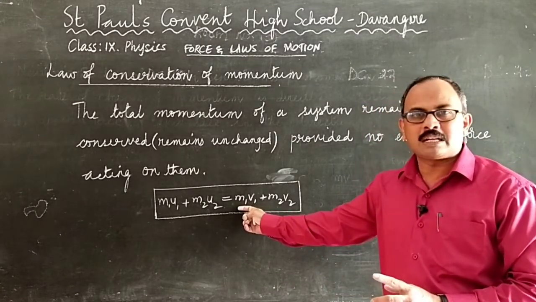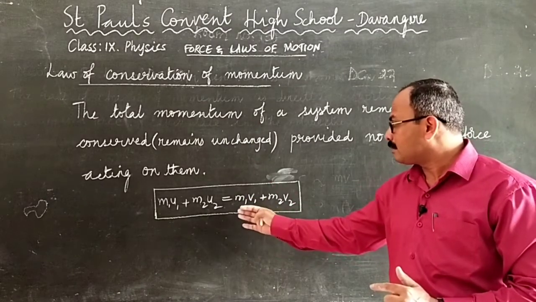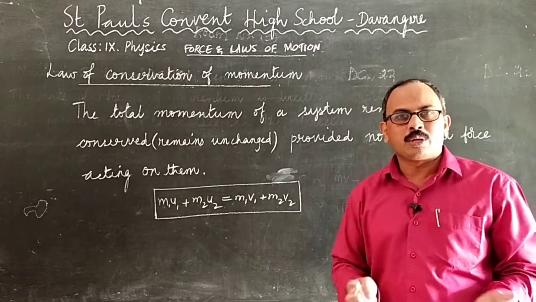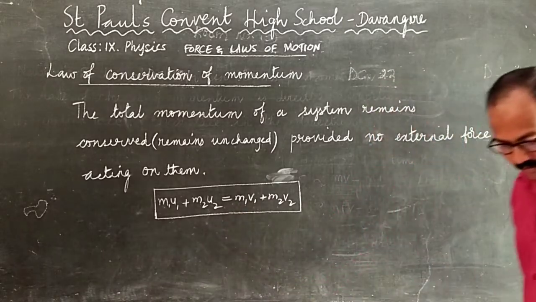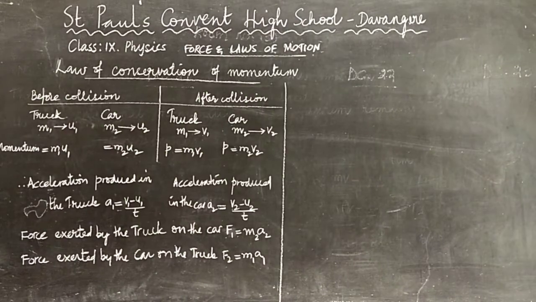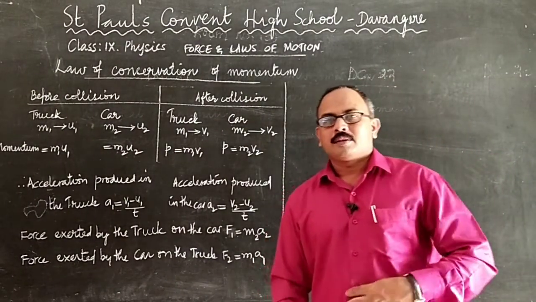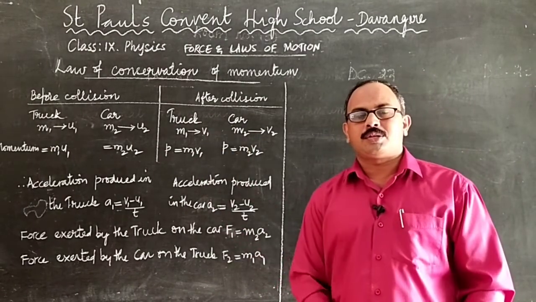Its explanation and the proof, children, we are going to do it now. Don't worry about the truck and the car, you need not worry about this, children. Now we are going to prove this. Children, in the theory part, we are in the last stage.